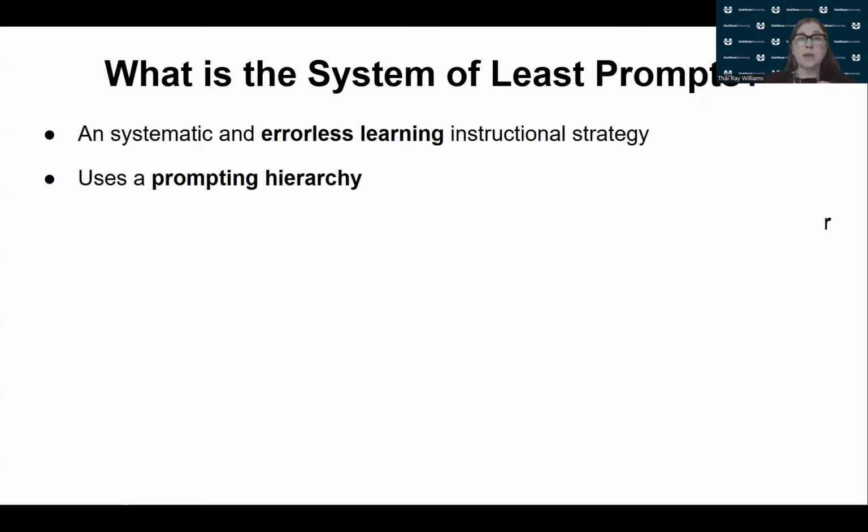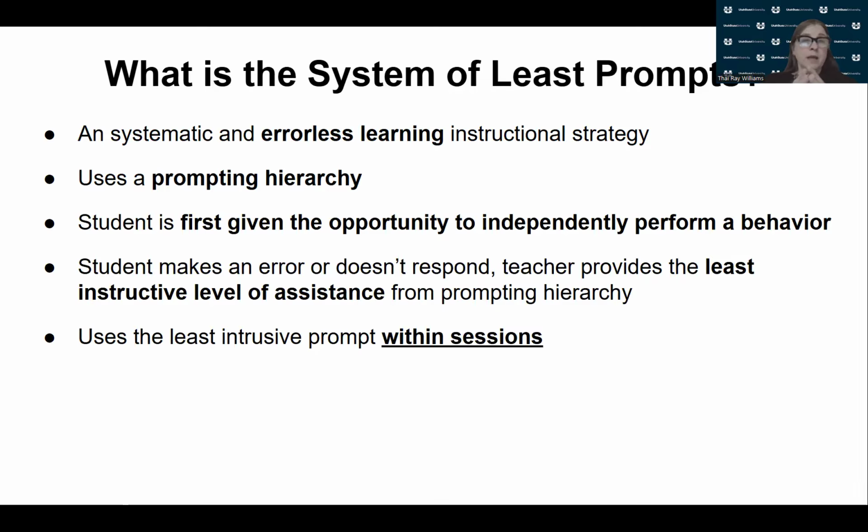Remembering with that prompting hierarchy, you're going to have 2 to 3 prompts in an individualized student prompting hierarchy. With the system of least prompts, initially the student is given the opportunity to perform the task or the behavior independently. After you give your attentional cue and your instructional cue or your task direction, I'm going to use task direction because that's more the language that I typically use.